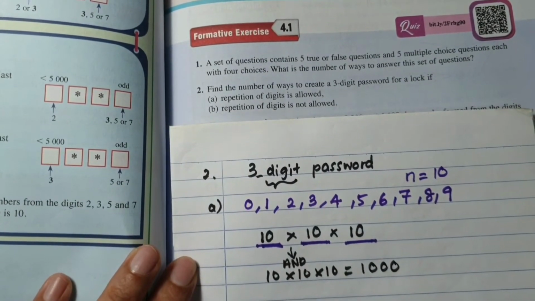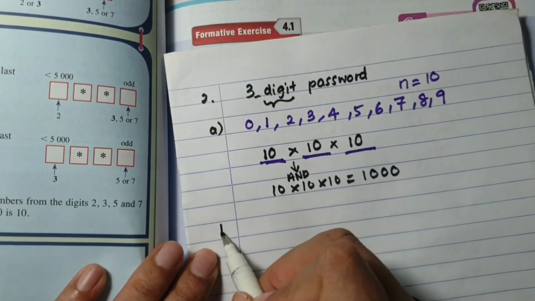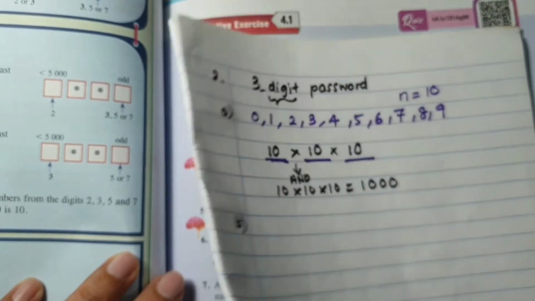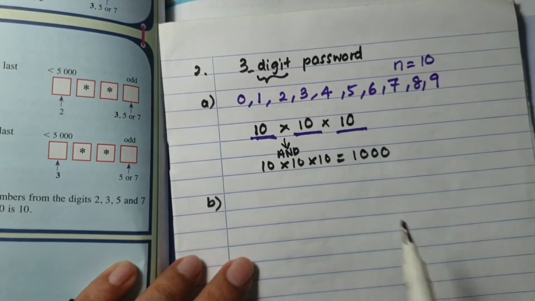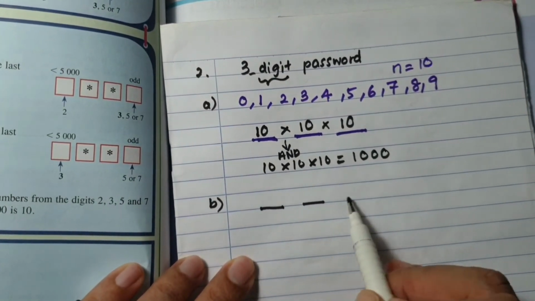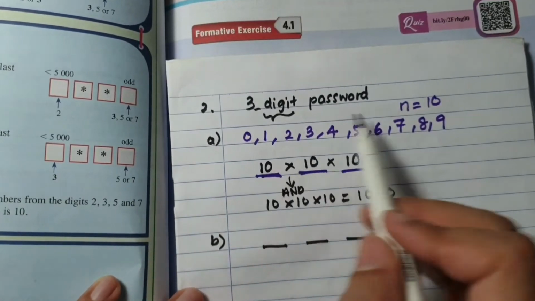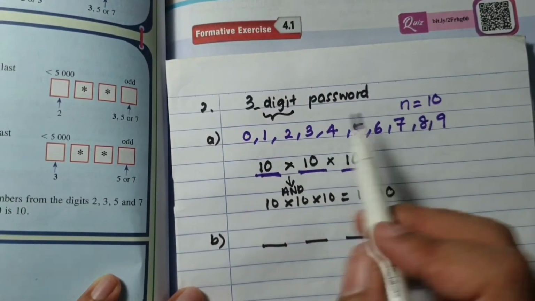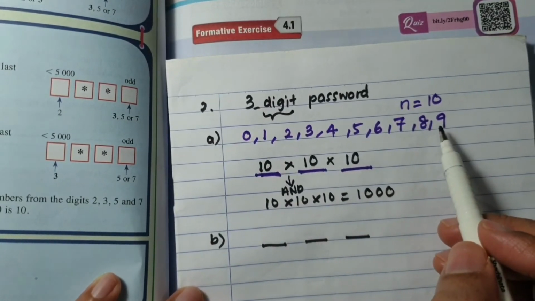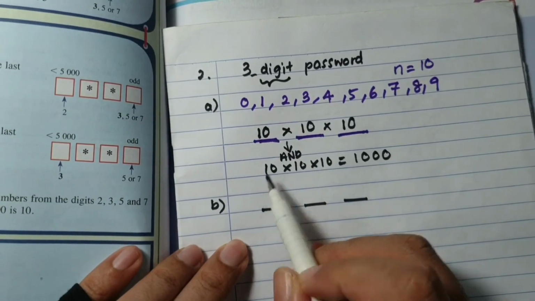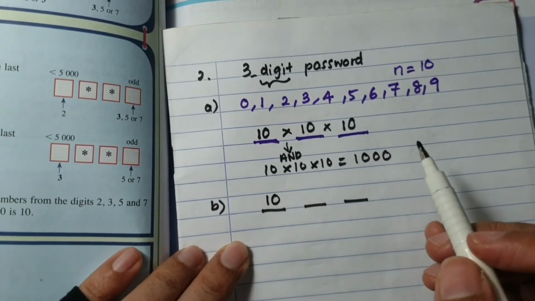Okay, for B, repetition of digit is not allowed. So the same, we have 3 slots. The first slot you can fill in with any digit here. You have 10 digits, so you have 10 choices here.